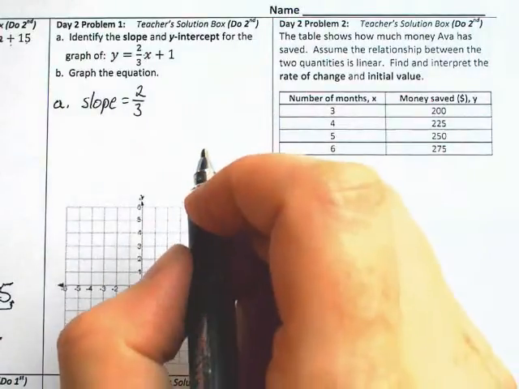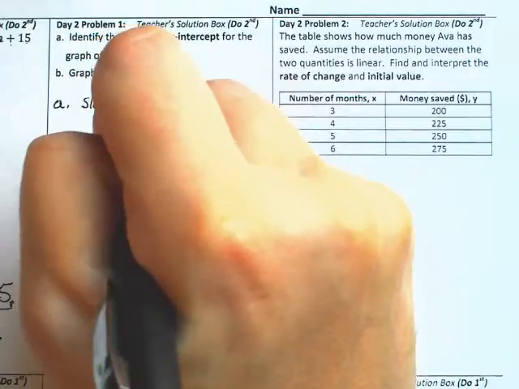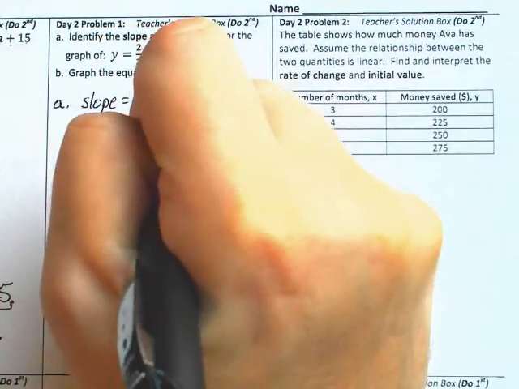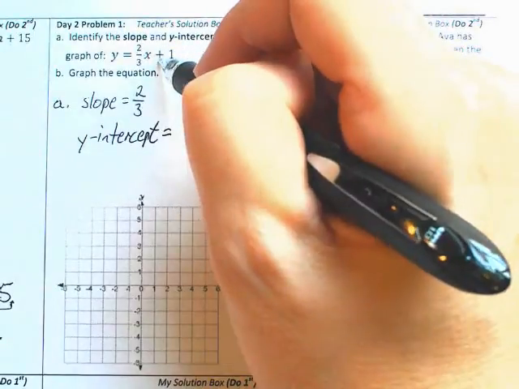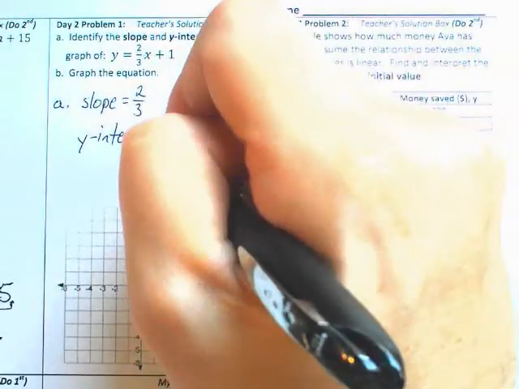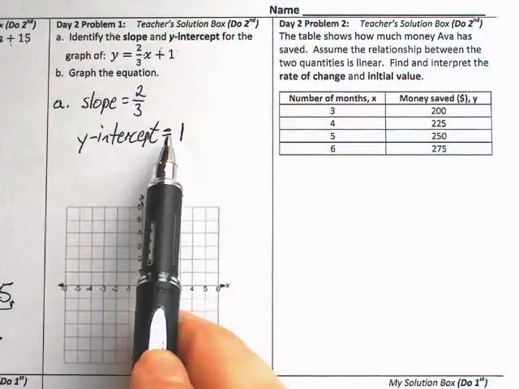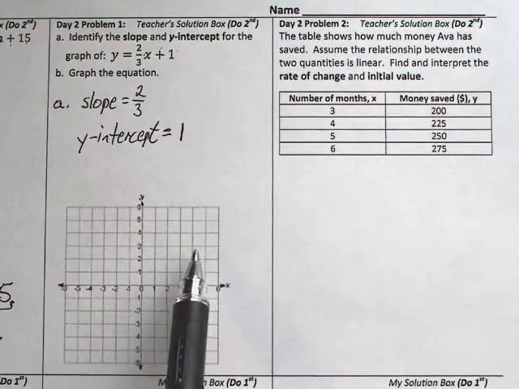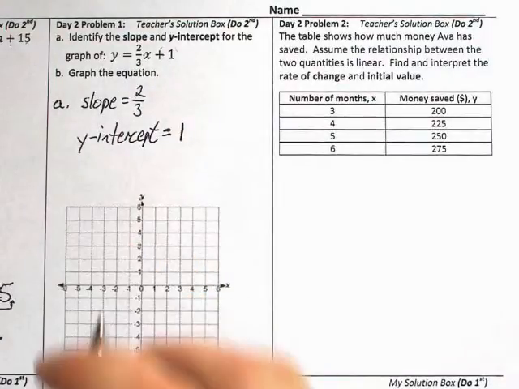So again, without really doing any work, we can get that the y-intercept is equal to the number 1 because of this plus 1 on the end. So the y-intercept is 1. And that tells us some very important information about what the graph of the line for this equation looks like.